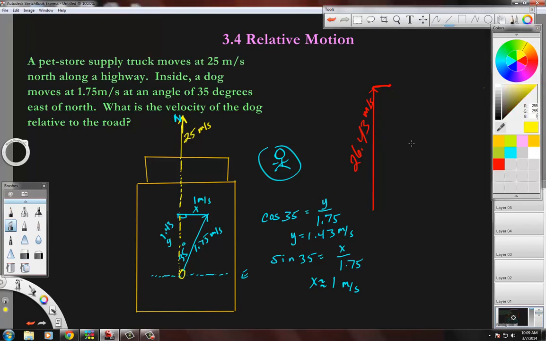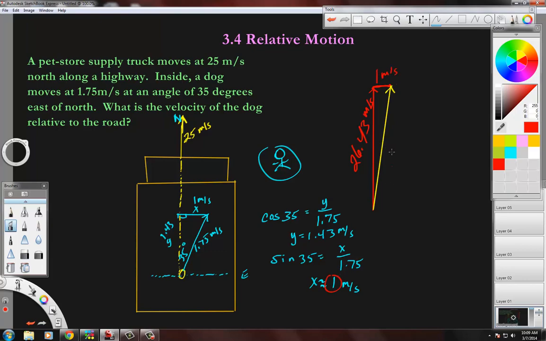And then we have to find the resultant vector, which is that yellow line right there. But this dog going this way is 1 meter per second.